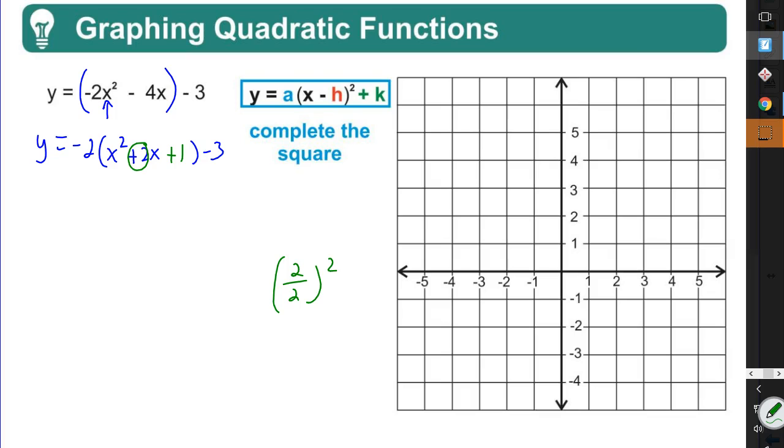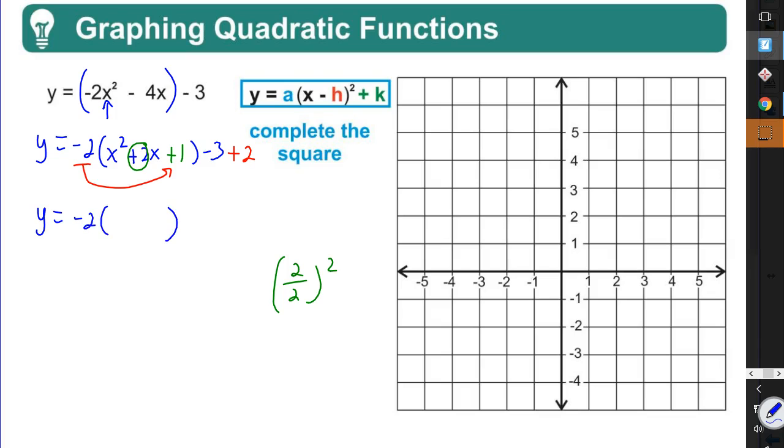Now, what we actually added, because this -2 gets distributed, is really a -2 to the function. To keep it balanced, we have to add a +2 on the same side of the equal sign. Therefore, we have not changed the value of the function. You remember how to finish completing the square. We still have the -2 multiplier.